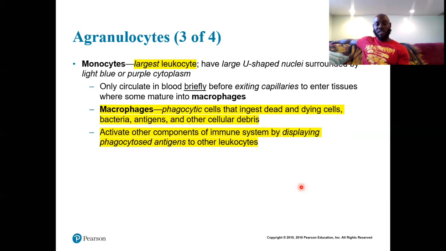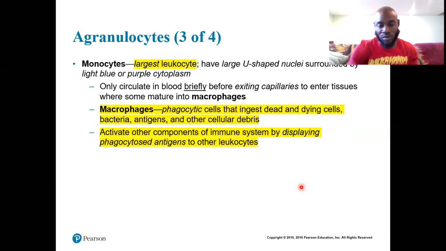Remember in the spleen, we talked about macrophages ingesting red cells that go there to die. So they ingest dead and dying cells, bacteria, antigens, and other cellular debris, and they activate other components of the immune system. All right, we're gonna see why that's so very important.